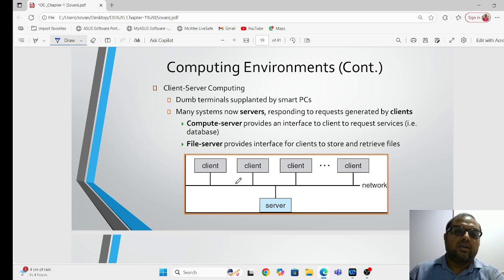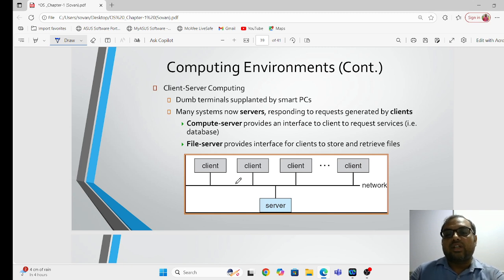So in the client-server communications, the computation will be performed. That means we can access a database. Suppose this is called the database server. So in the server, there is a database. The client wants to access some data from the database, so it can send the request.